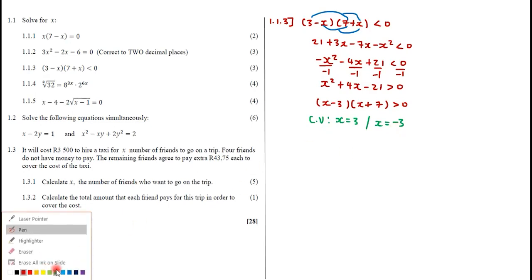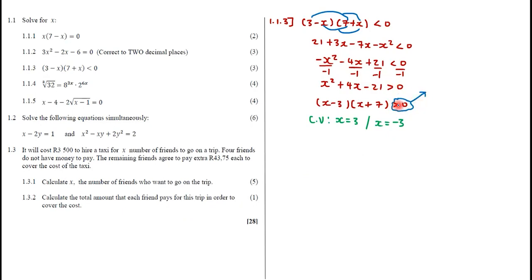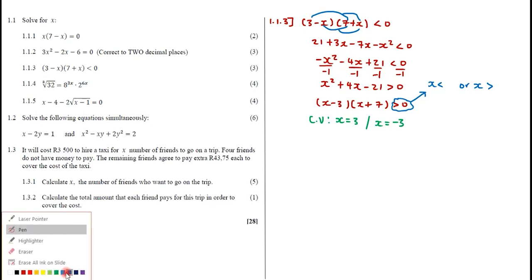Now with inequalities, when it comes to quadratic inequalities, it is very easy. If your inequality sign is pointing to the right, like this one, it means you're going to have 2 solutions, right? One will point to the left, and another one will point to the right. But then here, another case will be when you have this part.